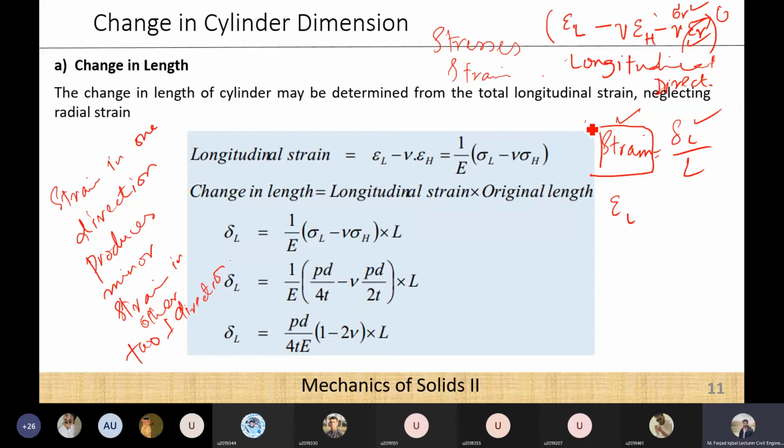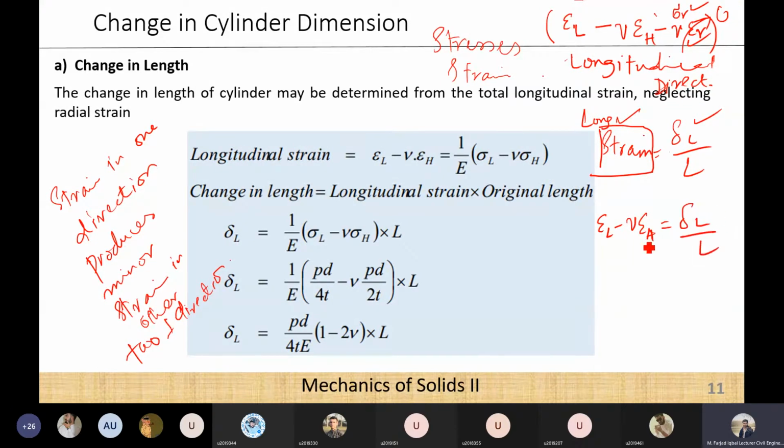Since I have to substitute the longitudinal strain, because the change in length is due to this longitudinal strain, I write down the expression for longitudinal strain. That will be epsilon L minus nu into hoop strain, which is also the circumferential strain, and that will be equal to change in length over original length.